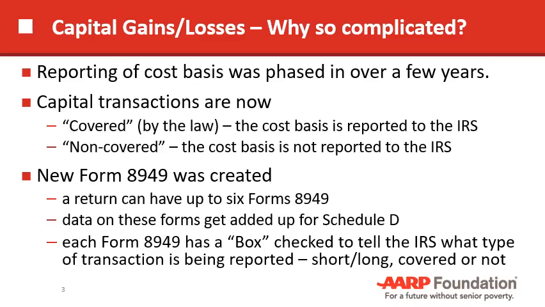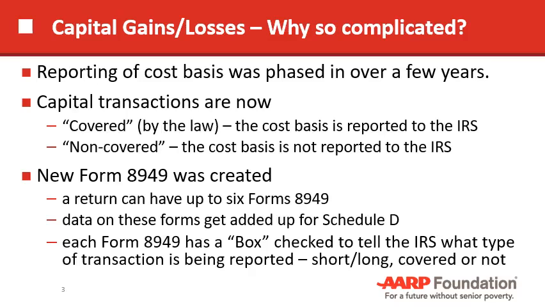So starting January 1st, 2011, individual stocks that were acquired after that date and then subsequently sold were covered by the new law. And therefore, when they were sold, the cost basis had to be reported to the IRS. So if you had an individual stock that you had bought before January 1st, 2011, not covered by the law, the broker doesn't have to report it to the IRS.